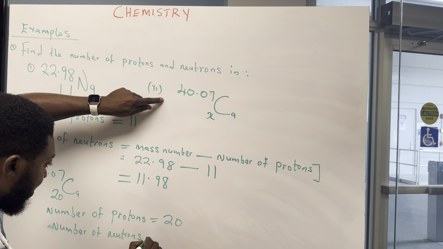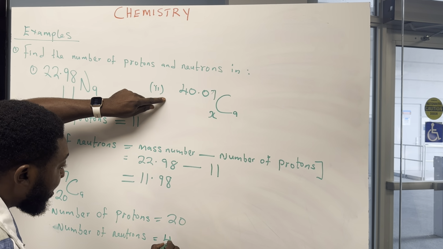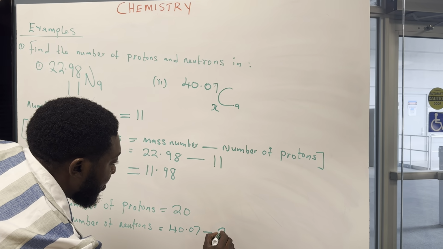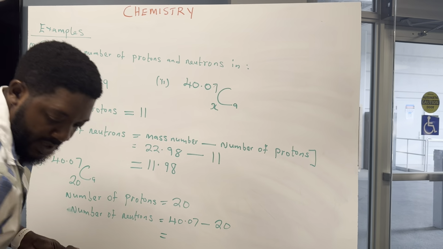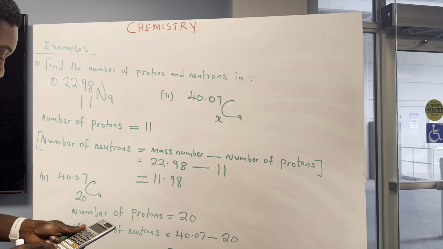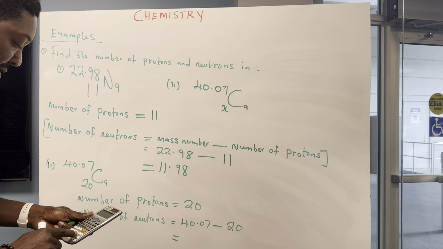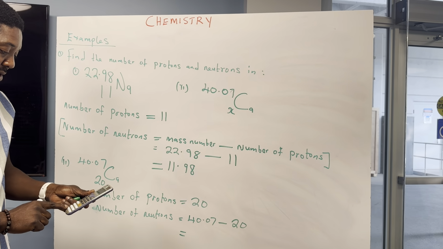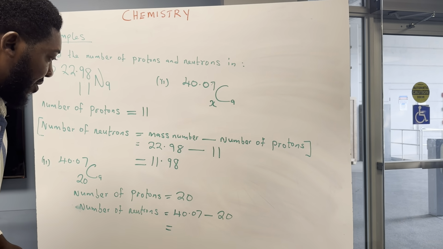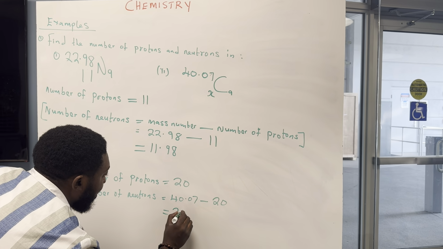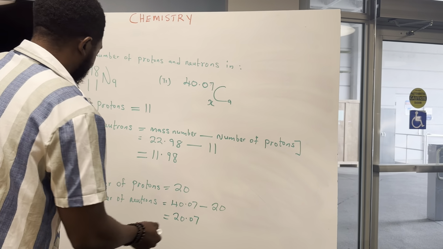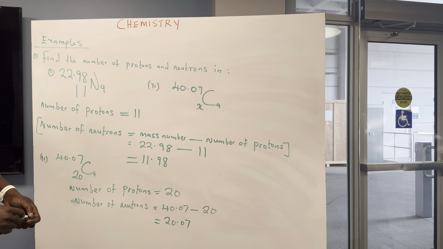We've already given the formula. That will give you 40.07 minus 20, and we have 20.07. So this is your number of neutrons.